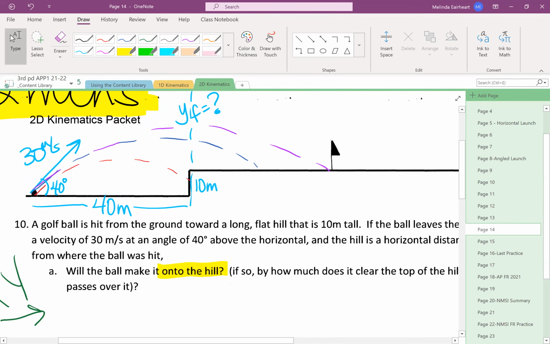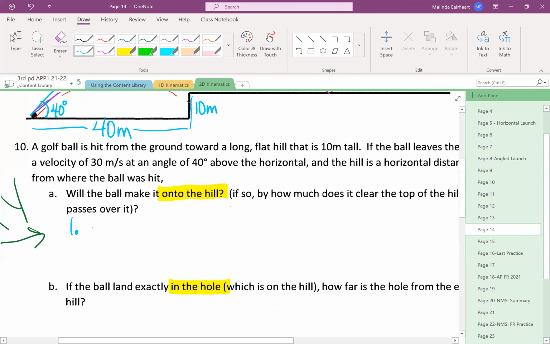And so, yeah, we need that final vertical position, but just like the tennis ball one, we need time first. And so the first thing we're going to do is solve for time in the horizontal, because we do know the horizontal displacement to the hill.